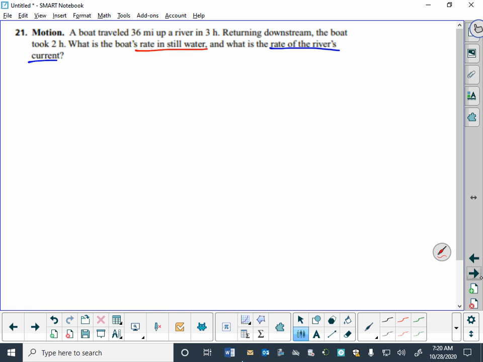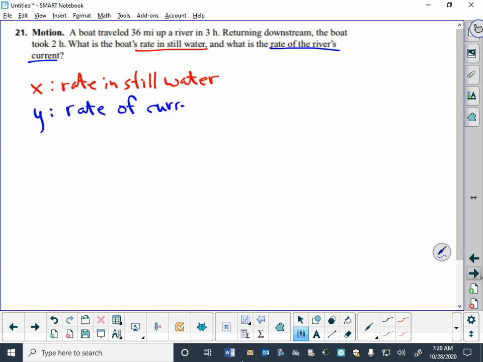So I'll let my x be the rate in still water. What happens with a boat is it is very affected by the current. When it's going with the current, the rate increases at the same rate as the current. And then it's subtracted from it otherwise.